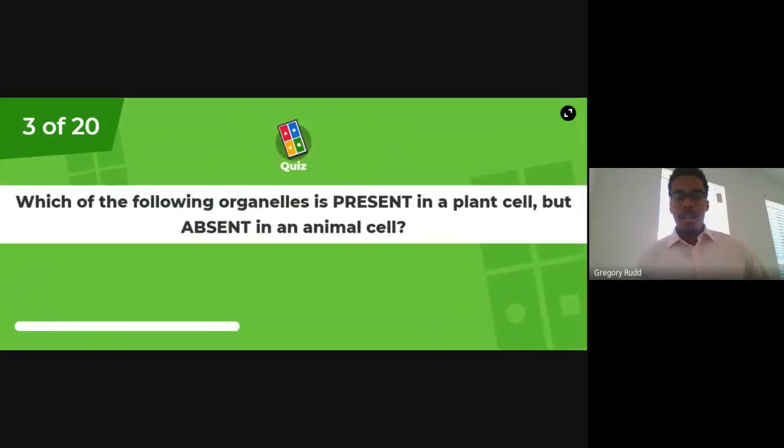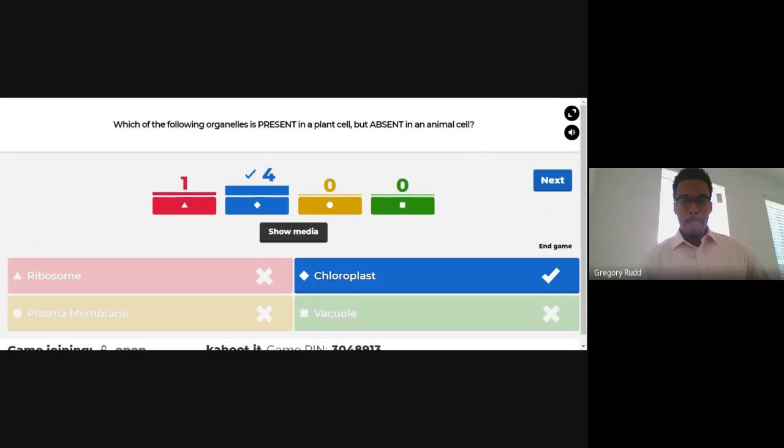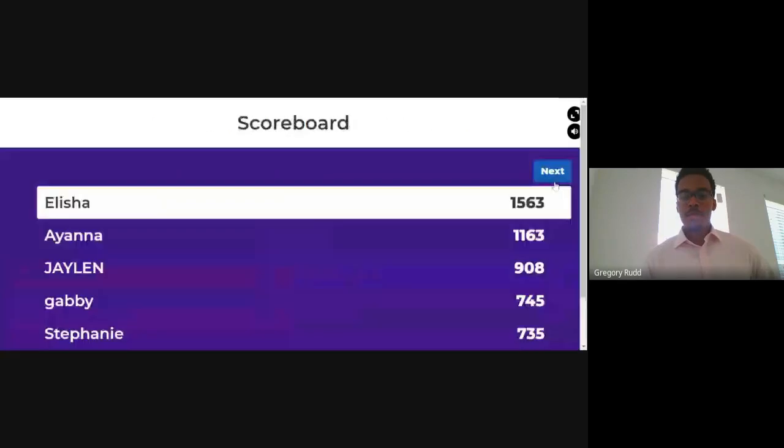Which of the following organelles is present in a plant cell but absent in an animal cell? Good. Okay, some of these questions move quickly. Maybe I should increase the time on some of them. Good job, Stephanie and Gabby.